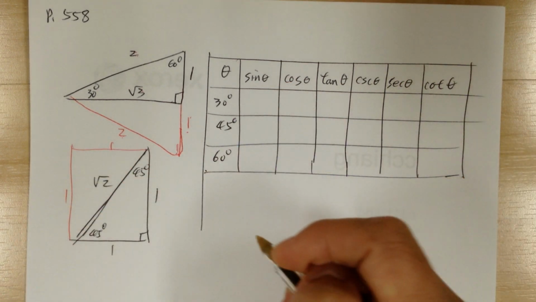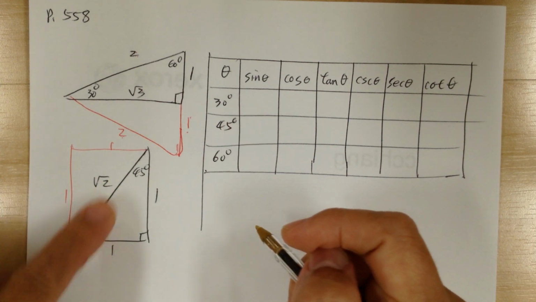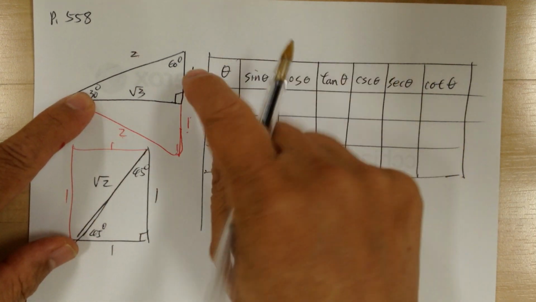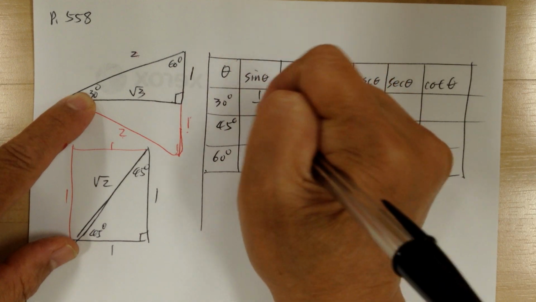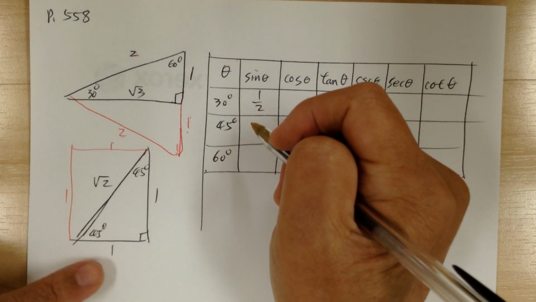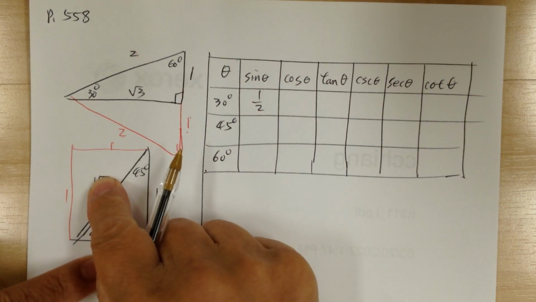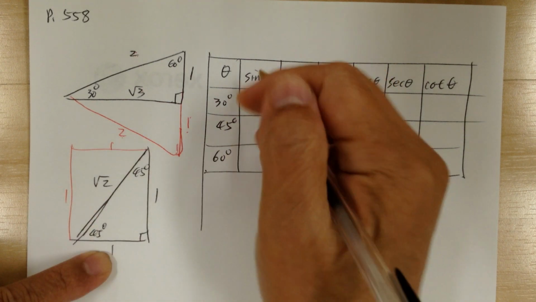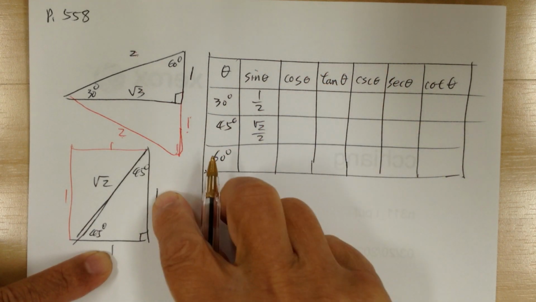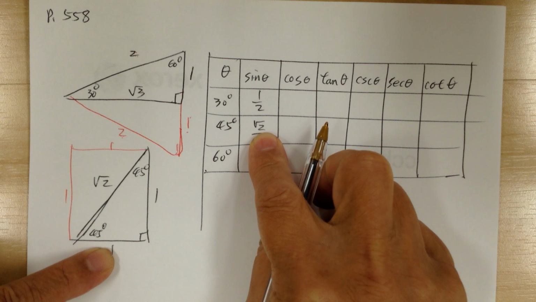So this is the table. So you do the sine. Sine of 30 would be this over that, so it would be 1 over 2. Sine of 45 degrees would be this over this, and you simplify, you get square root of 2 over 2. So it's 1 over square root of 2, you simplify, you get that.